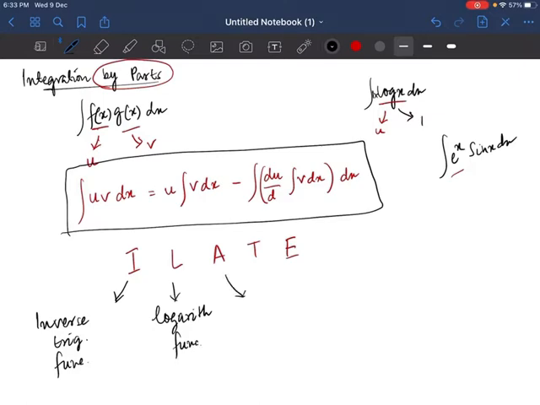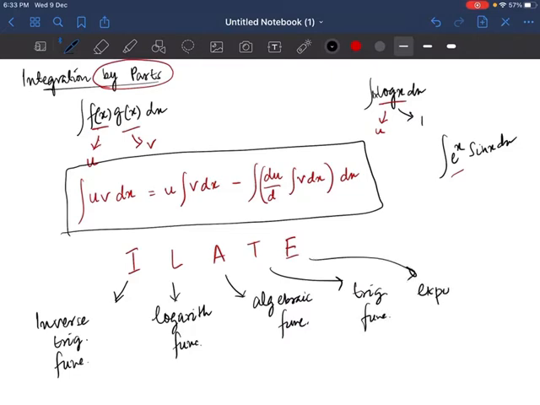A stands for algebraic functions. T stands for trigonometric functions. And E stands for exponential functions. So basically you have to follow the method of ILATE.